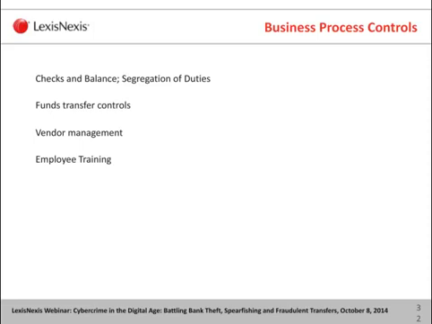Another issue that we see a lot is vendor management, and we see quite a few claims surrounding fictitious vendors or employees in collusion with vendors that have been created in the system under family members' names. So really doing your due diligence on the vendors is very key to preventing money from traveling outside of the organization in an incorrect way.